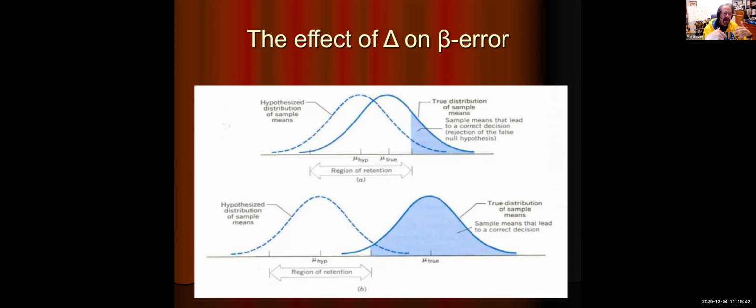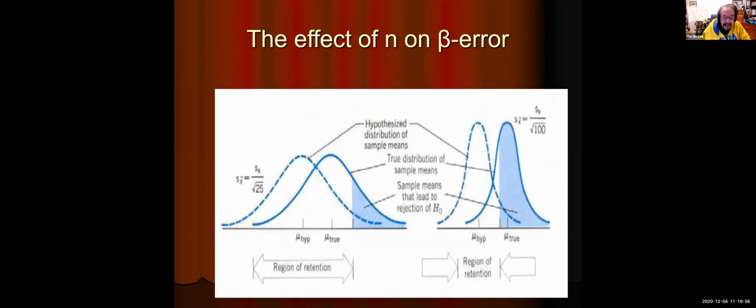But if you have an intervention that has a very minimal effect, it is a lot less likely that you would see it. So the top is a small delta and the bottom is a large delta, but we can mitigate that by sample size.